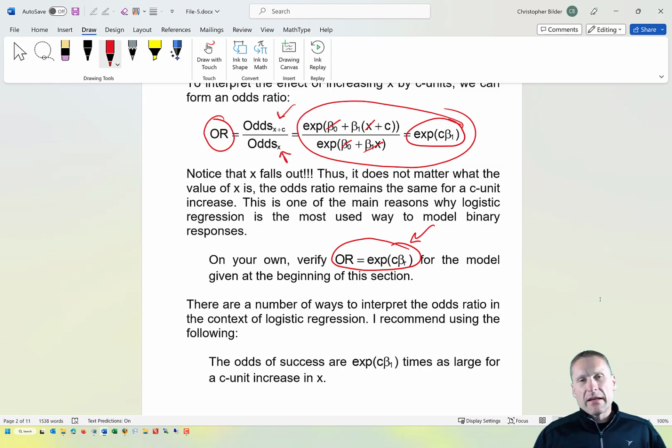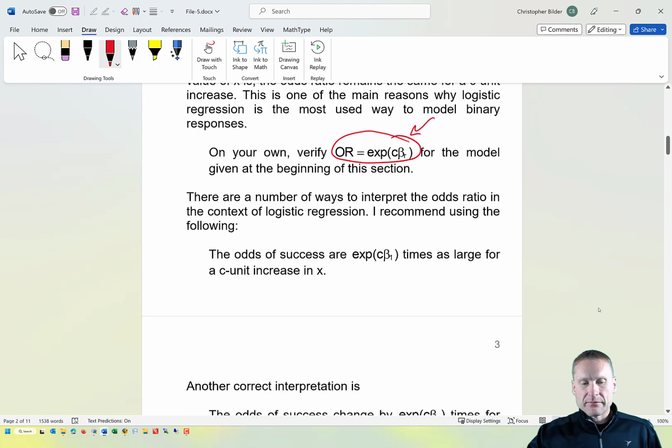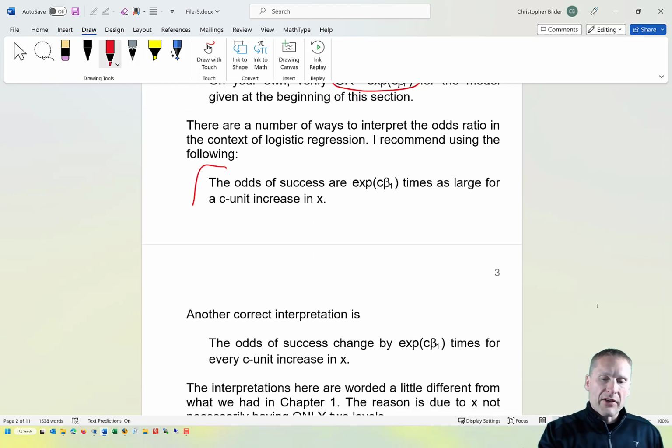So how do we interpret this corresponding odds ratio that we get for this simple model that has only one explanatory variable in it? Well, one possible interpretation is to do something like this. The odds of success are the exponential function evaluated at c times beta sub 1 times as large for a c unit increase in x.